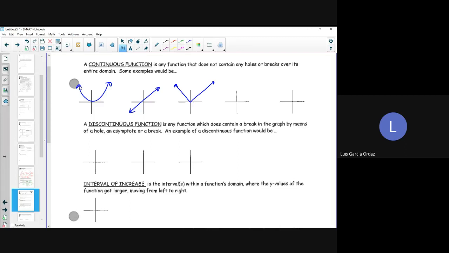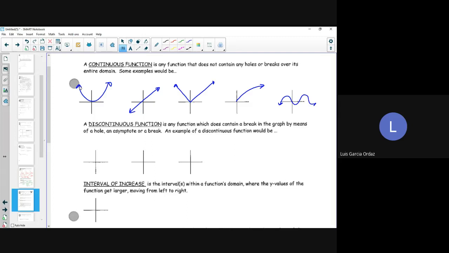Square root, over its entire domain. And the one you hated the most, the sinusoidal. Yeah, that's continuous. So these don't have any holes or breaks in their domain.